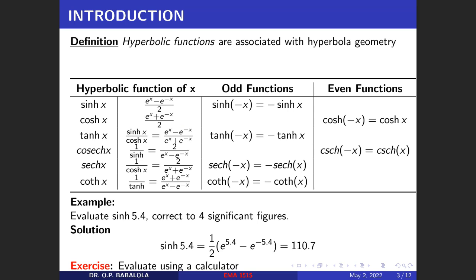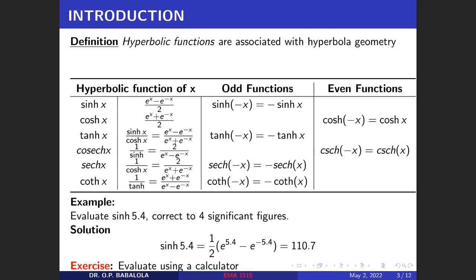Okay, so we have the hyperbolic function of x represented in their exponential form. And then we have odd functions and even functions. What do we mean by odd hyperbolic functions? Odd hyperbolic function would mean when you have sinh of a negative x, you're going to have minus sinh x.